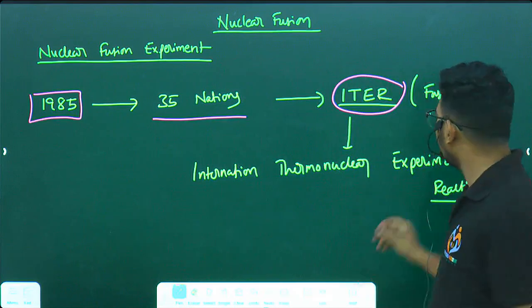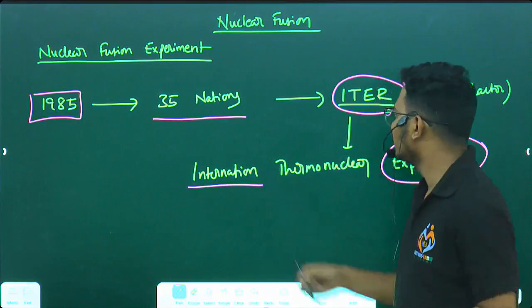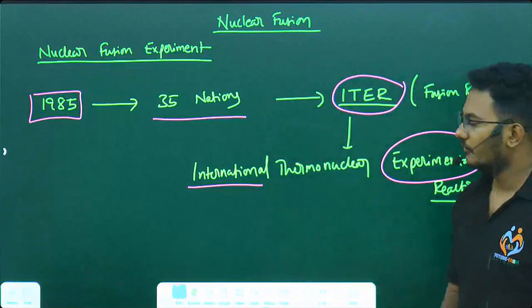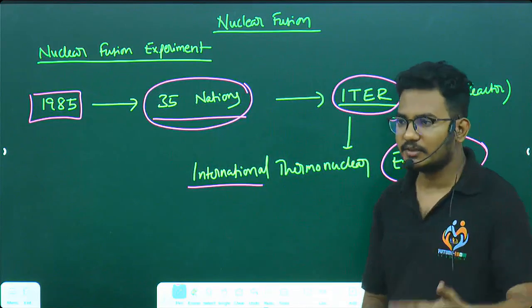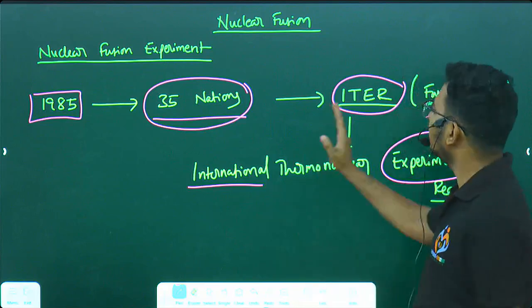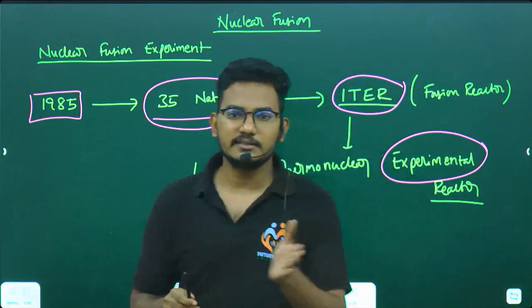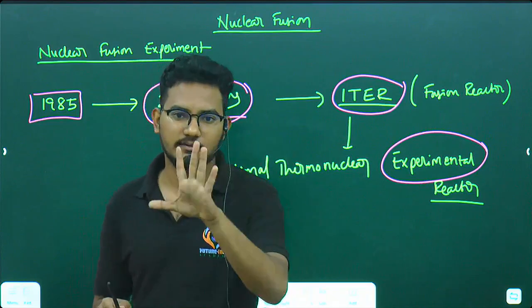So they came up with a concept called an experimental reactor, and international. Why international? Because all the countries came together and planned to construct an ITER reactor. So in your examination, a simple question will be, what is the ITER reactor? The ITER reactor is a fusion reactor.